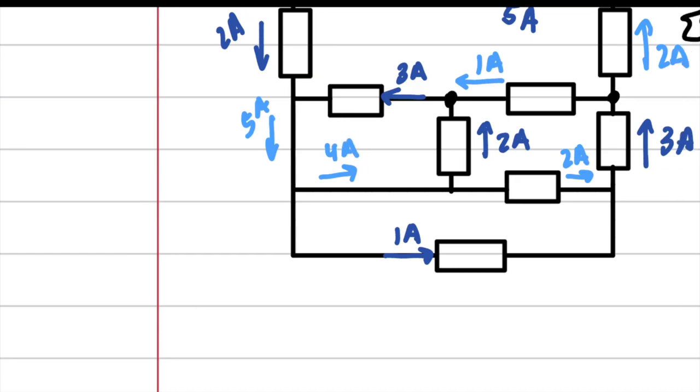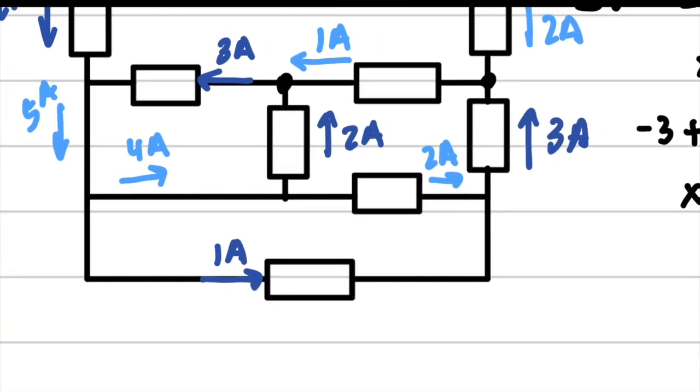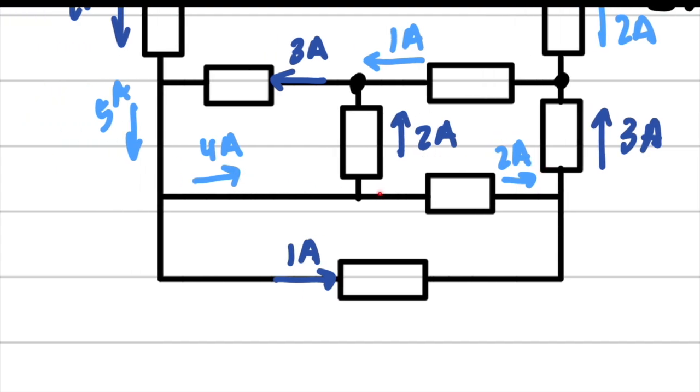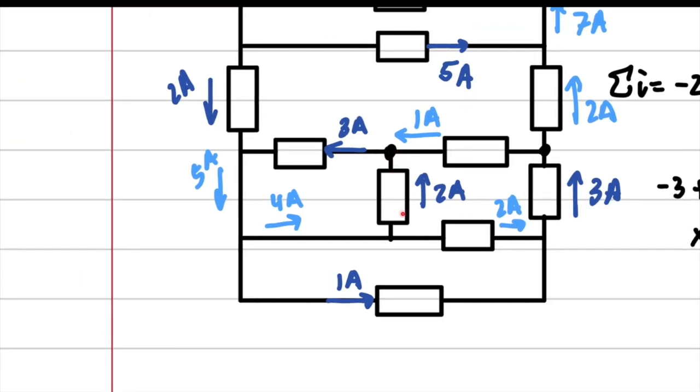Let's see if that works. We have 2 and 2, so 4 goes into here and splits up 2 and 2. Then if you go here, we have 2 and 1. They combine to make 3. And then 3 and 2 combine to make 5.